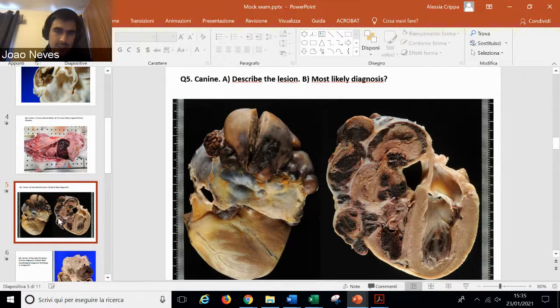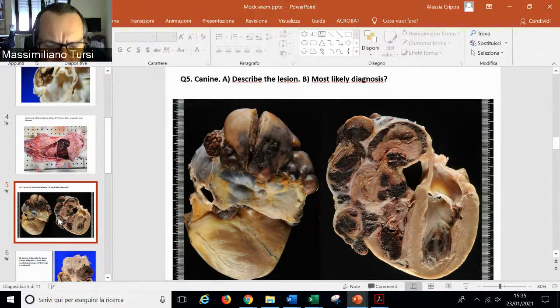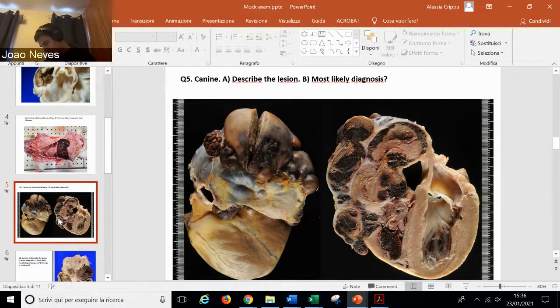Sorry, Joao. Do you want to read your description? Yes. So I wrote a really large solid mass obliterating the right atrial cavity, protruding into the atrioventricular junction, with multifocal reddish or brownish discolored areas that could be hemorrhagic or necrotic foci.